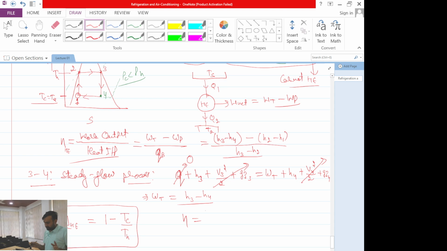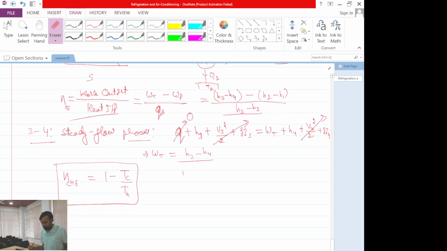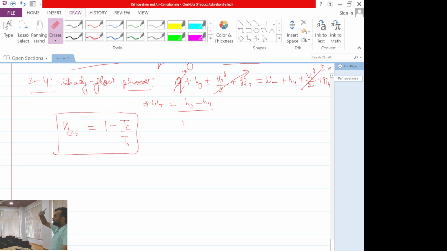You can write from the first law of thermodynamics. This is a thermodynamic cyclic process. From the first law, can I write cyclic integral of del Q equal to cyclic integral of del W? Then cyclic integral of del Q will be Q in minus Q out.